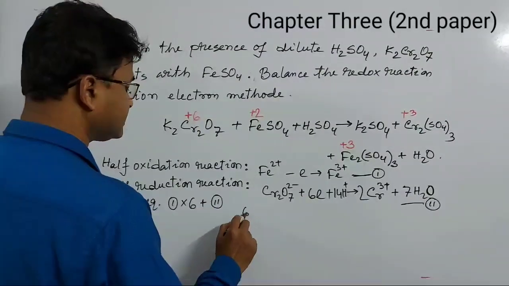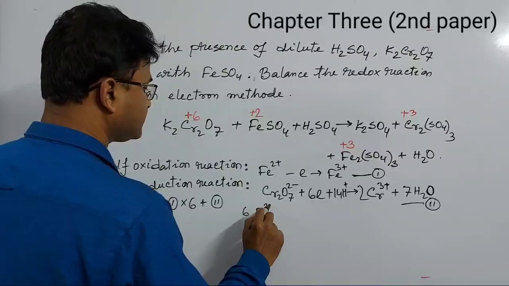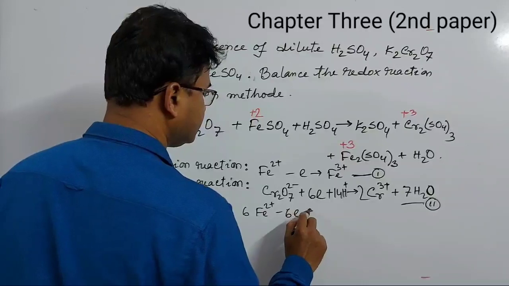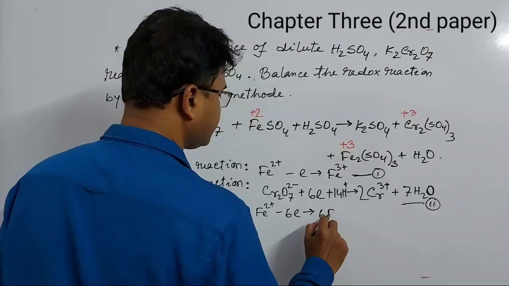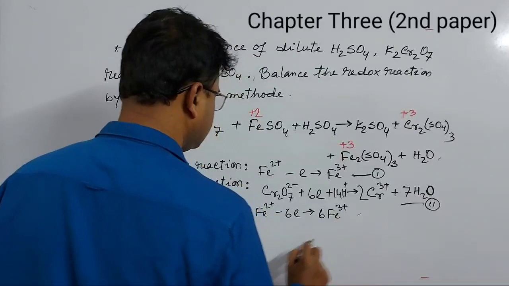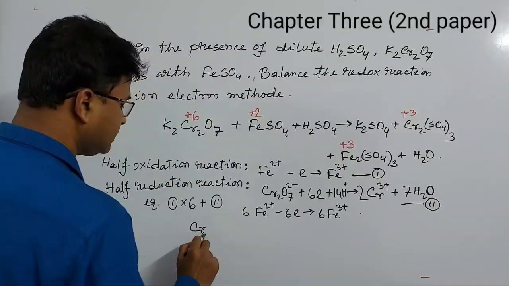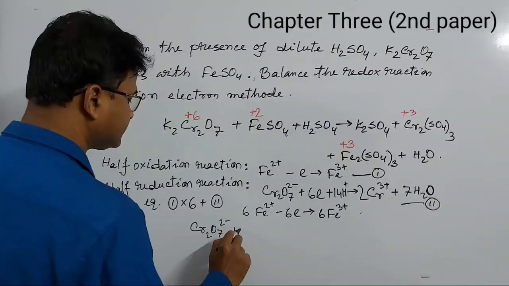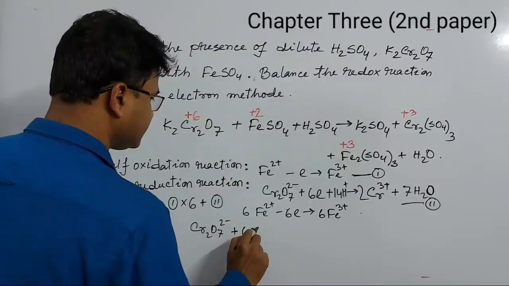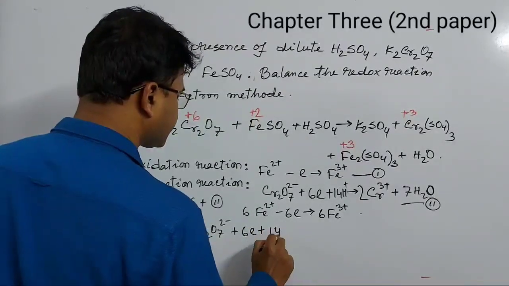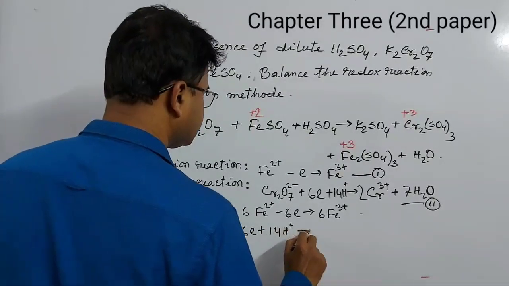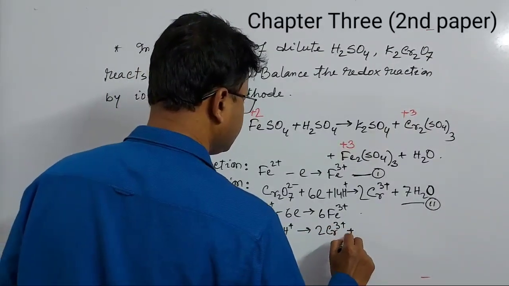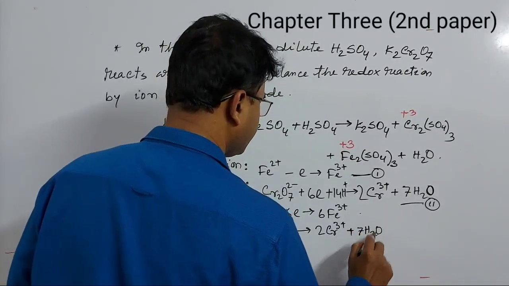So I can write here 6 ferrous ion minus 6 electron is equal to 6 ferric ion, and dichromate ion plus 6 electron plus 14 H plus is equal to 2 chromium 3 plus plus 7 molecules of water.